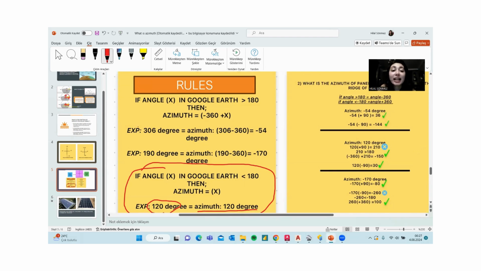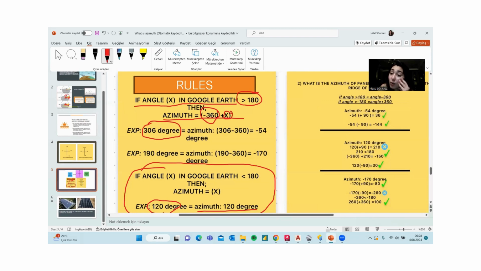But if we get an angle in Google Earth that is greater than 180 degrees, what do we do? We subtract 360 degrees from the angle that we found in Google Earth as the azimuth of the roof. To make a concrete example, let's say we found 306 degrees in Google Earth for the azimuth of the roof.